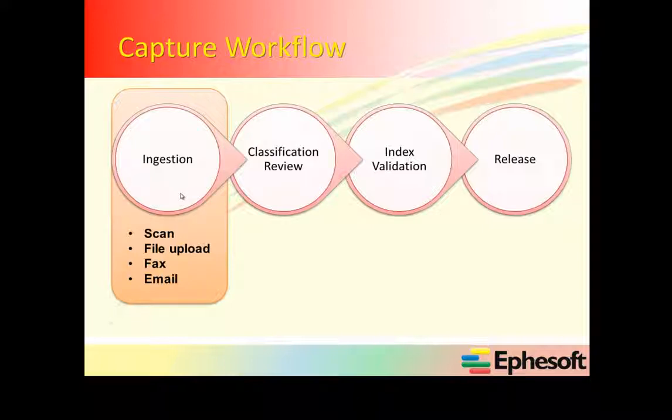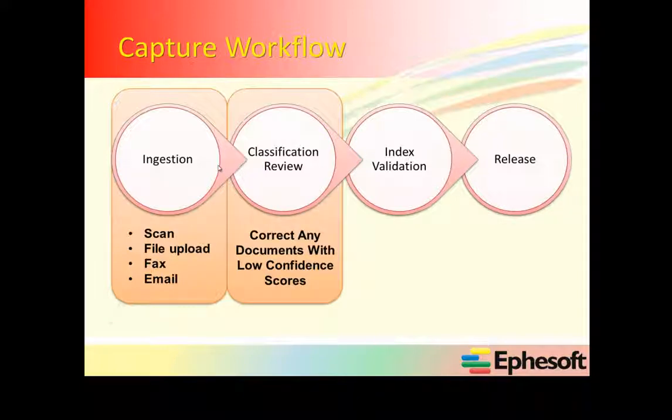If the document met a certain threshold and there was no need to review any of these classifications, or it was 100% confident that every single document is truly what it is, then of course it would skip the classification review and move to the next workflow step. But in the demonstration, we'll look at the classification. So again, correct any documents with low confidence scores. That's what we'll be doing here.